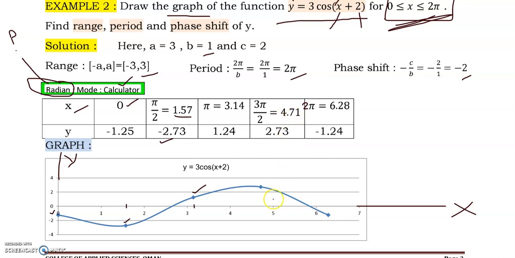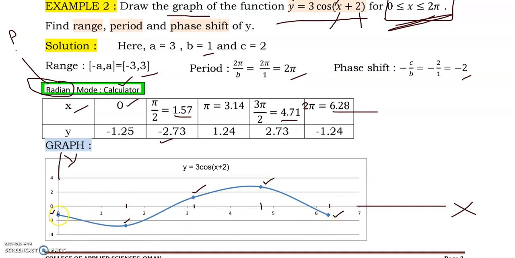Here is x 4.71, and this is y, that is 2.73. So this is the fourth point. Now the last one, x is 2 pi, that is 6.28, here. Y is minus 1.24, so y is negative. So this is the last point.